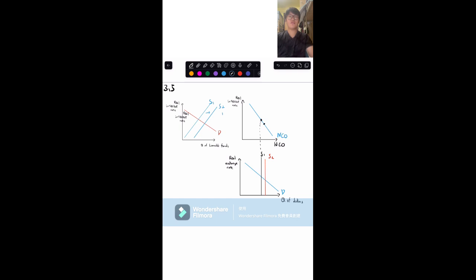This depreciates the NT dollar, making Taiwanese goods cheaper abroad, and net exports rise. In the graphical analysis, we can see that the real exchange rate will become lower. It represents the depreciation of the currency.